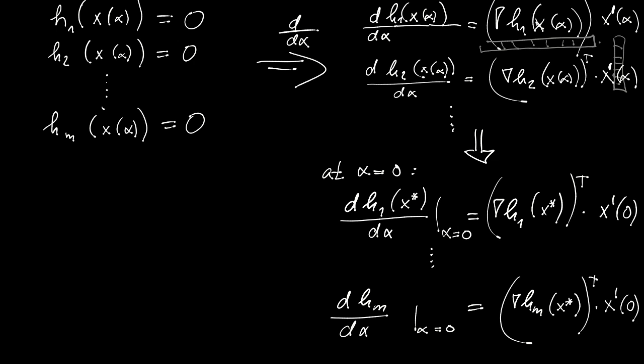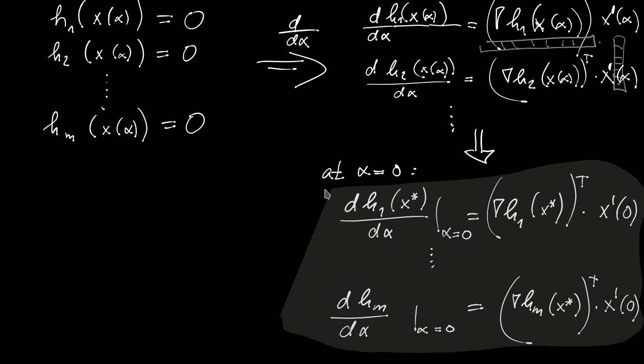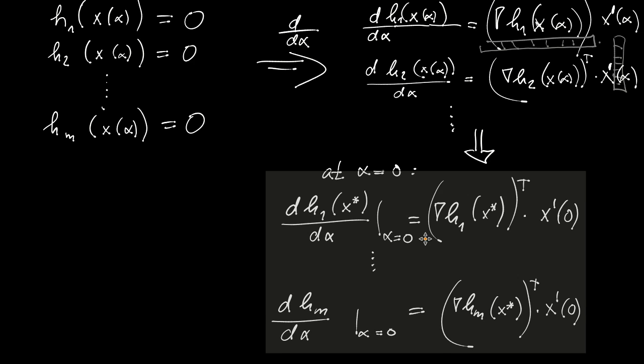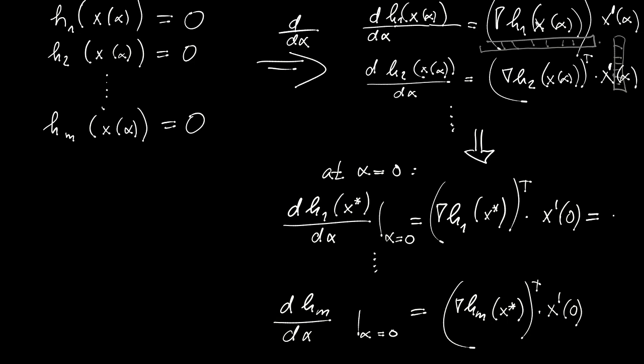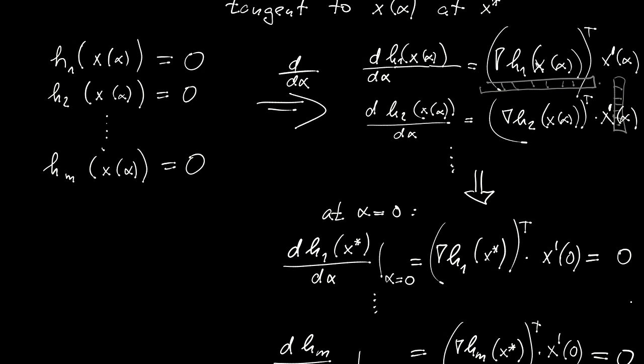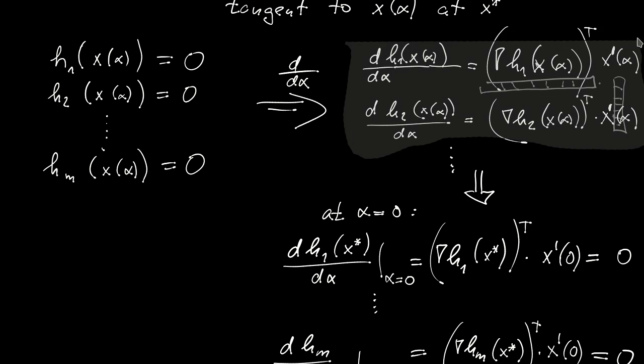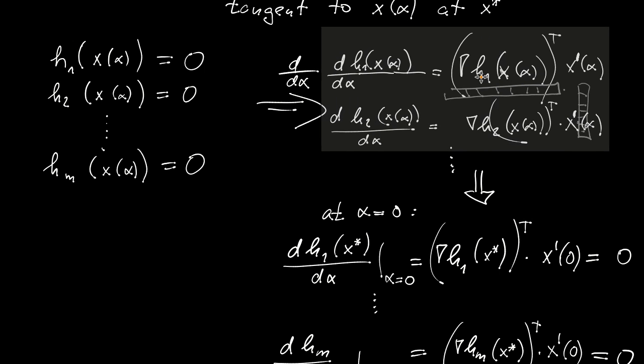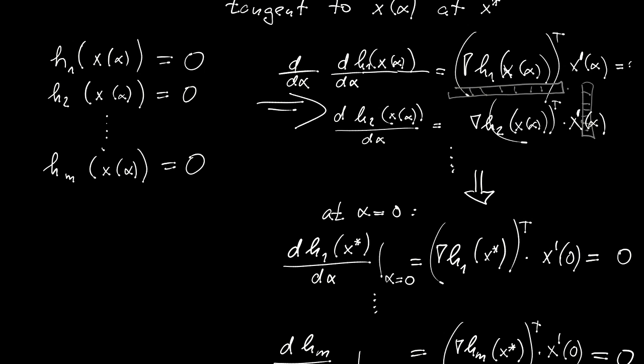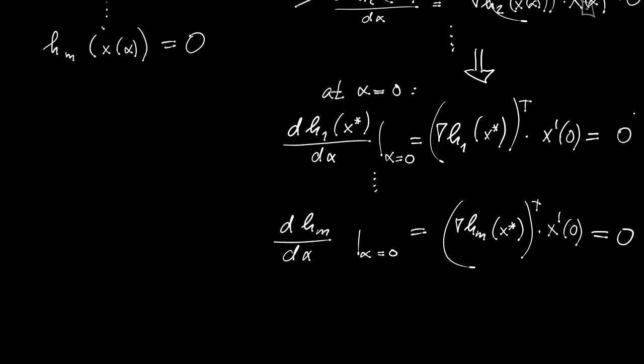And now I see I should have left some space, so I will do it like this. So all these derived terms should be actually equal to 0, and in fact I can also correct it over here. So this should be equal to 0, this should be equal to 0. Fine.